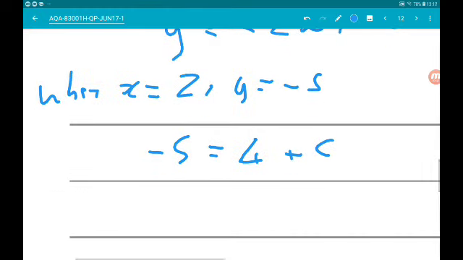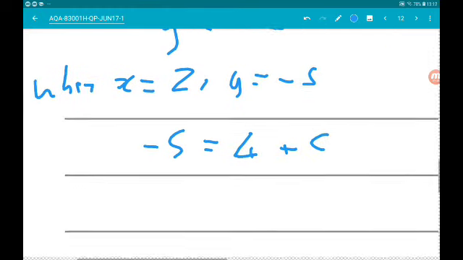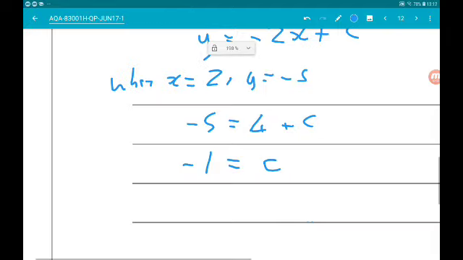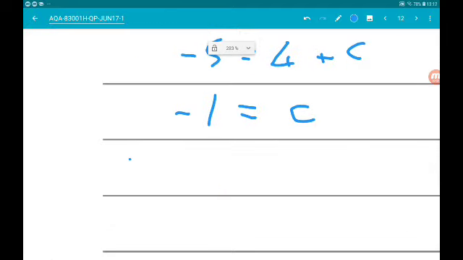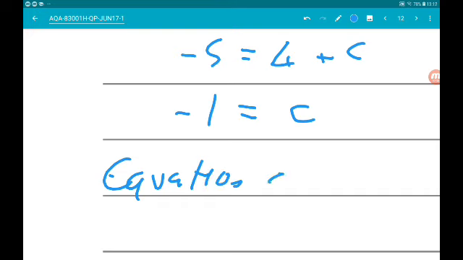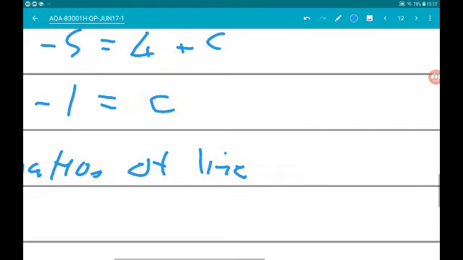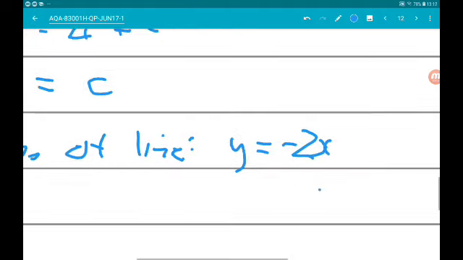Take away the 4, and we get minus 9 is equal to c. So the equation of the line is y equals minus 2x minus 1.